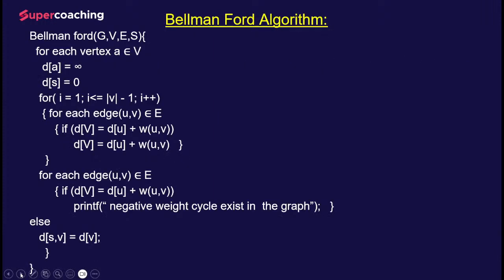Let's see how this Bellman-Ford algorithm is going to work. I'm considering here one graph with 4 vertices, because this is quite lengthy one. So you just need to know the complexity. And for the working of Bellman-Ford algorithm, I'm taking a small example with 4 vertices and 4 edges.